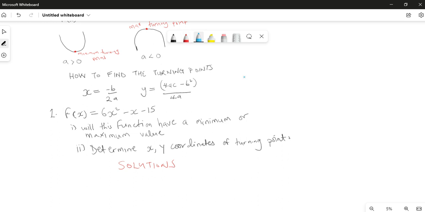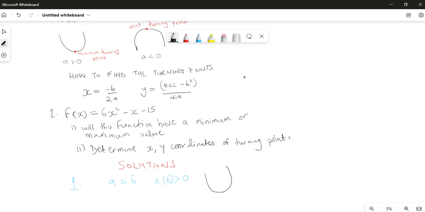So for number one, our a in this function is 6. 6 is greater than 0, so meaning we're going to have a minimum value. Remember, if a is greater than 0, our parabola will be facing the upward direction like a smile.